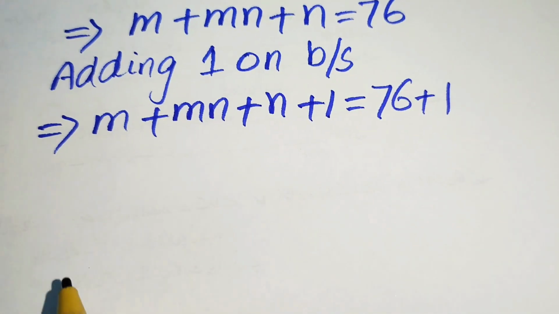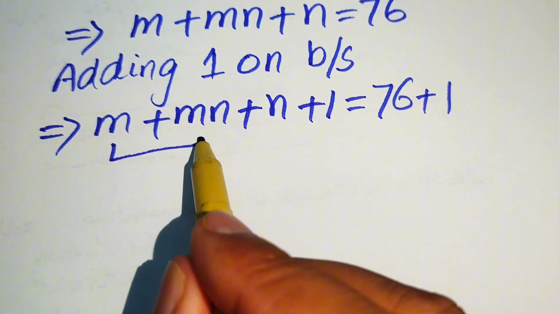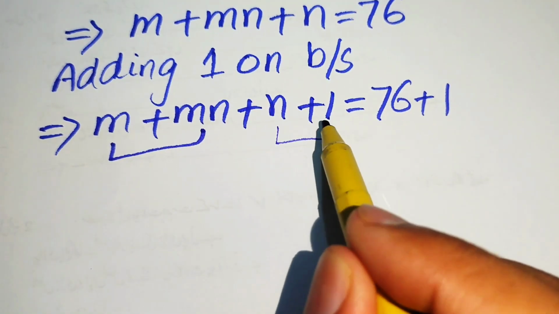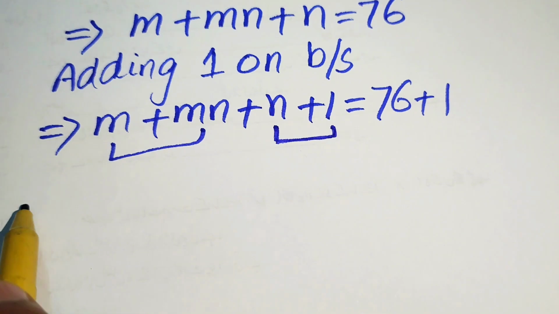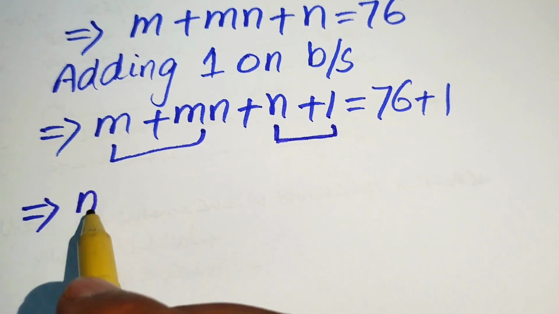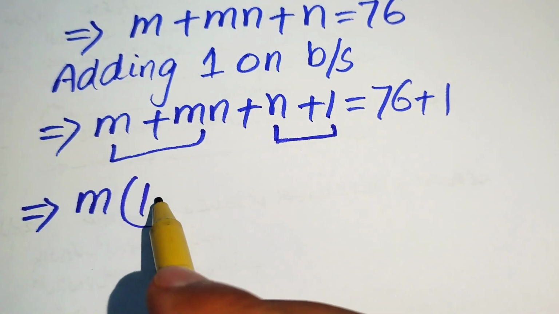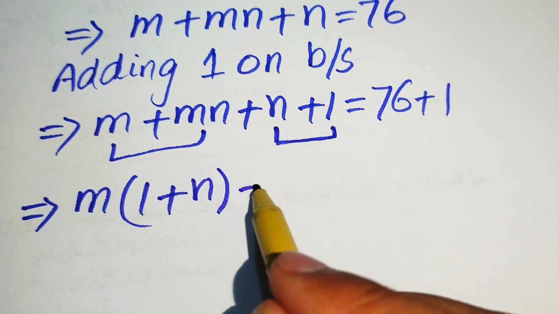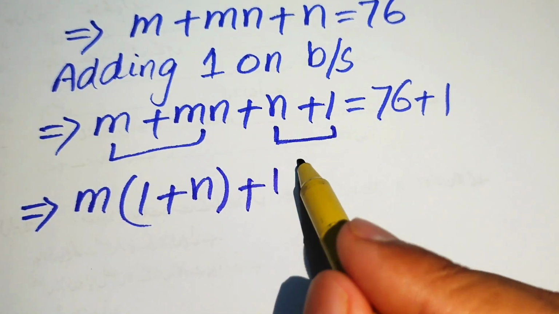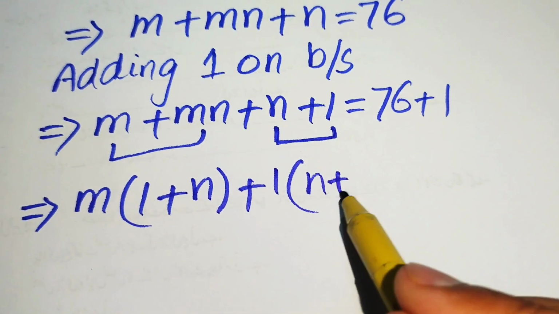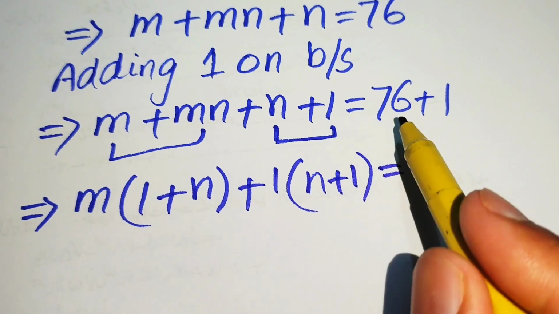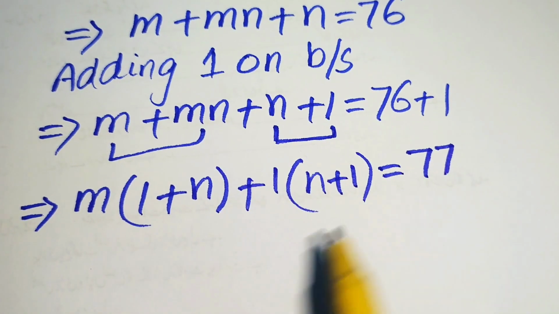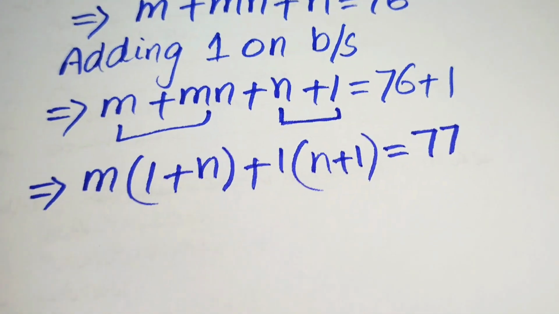In the next step you focus on the first two terms as well as the second two terms. In the first two terms we have m as the common factor and we get m times (1 plus n), plus in these two terms we get common 1 and it is n plus 1, equals 76 plus 1 is 77.